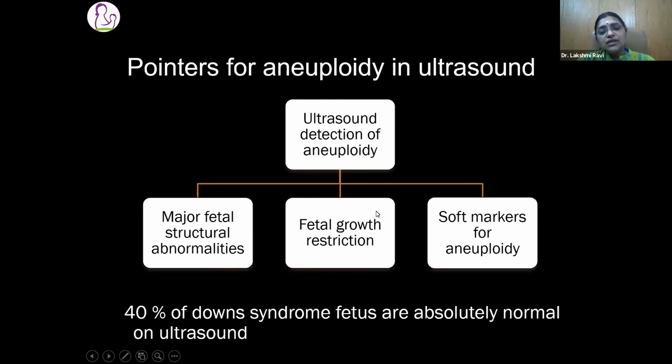Then severe early onset fetal growth restriction, you will see in trisomy 18 and triploidy. And you can have some soft markers, which can be a pointer towards aneuploidy. But we also need to understand that 40% of Down syndrome fetuses are absolutely normal on ultrasound.